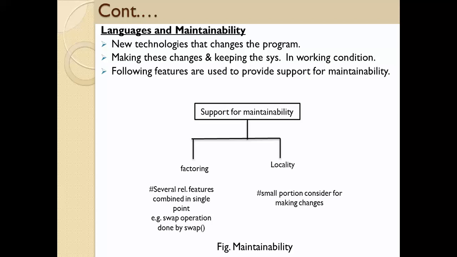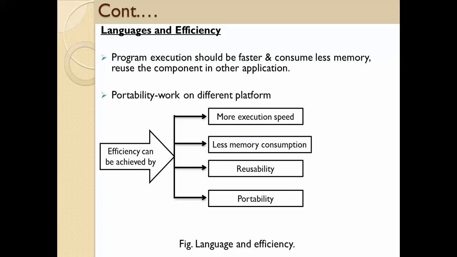Now next one is languages and efficiency. How can we measure the efficiency of any software? Program execution should be faster, it should consume less memory, and it should reuse components in other applications.